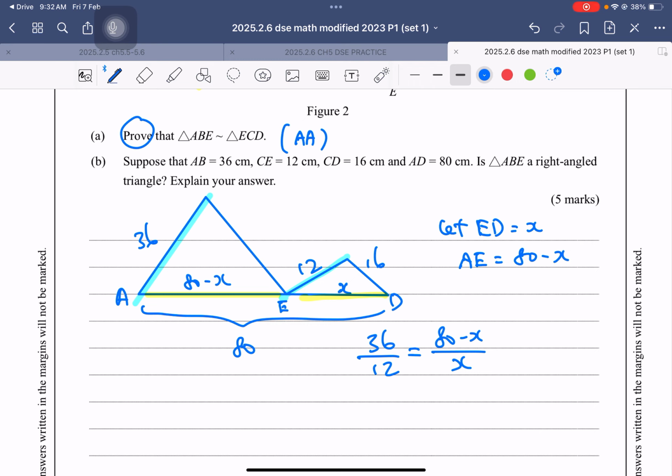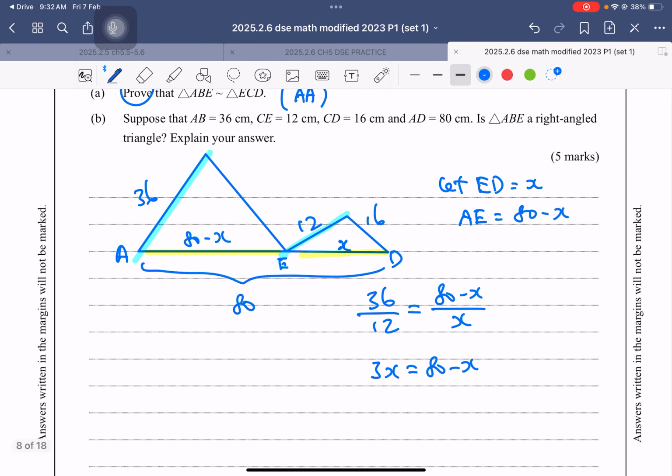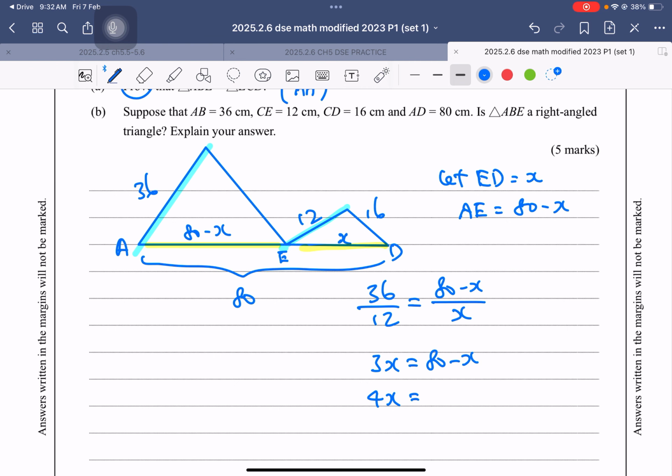The ratio of them should be the same because this is a similar triangle. Okay, remember? So after that, I can say this is equal to 3. So I have 3x equal to 80 minus x. So that we have 4x equal to 80. Then x is equal to 20. Okay? You don't need to write. You got it correct.